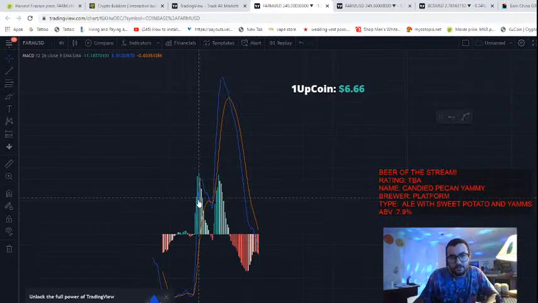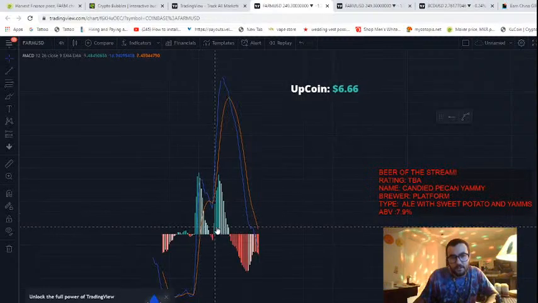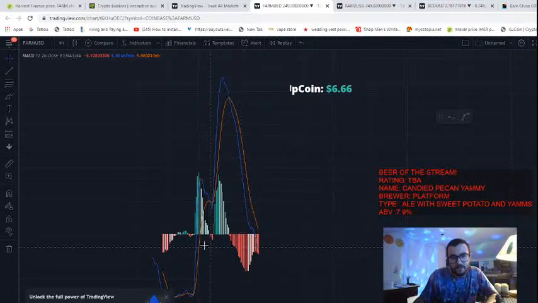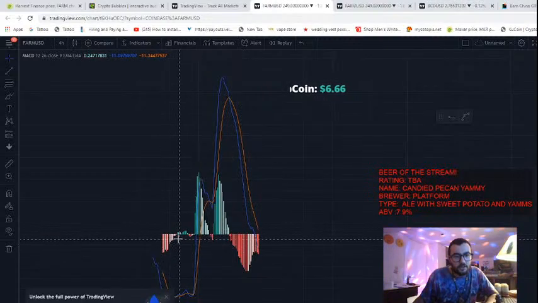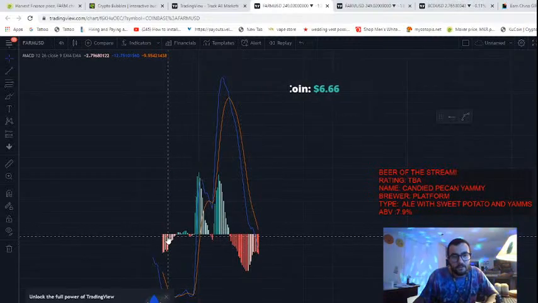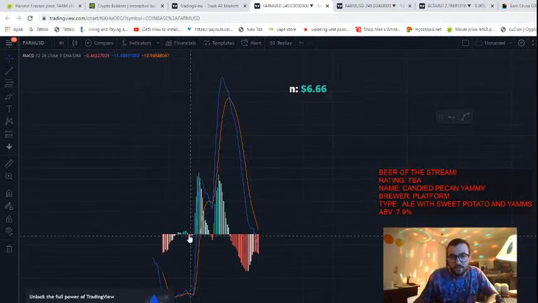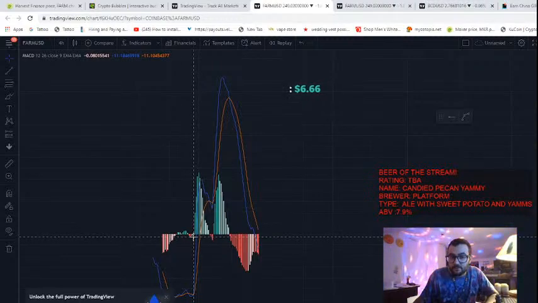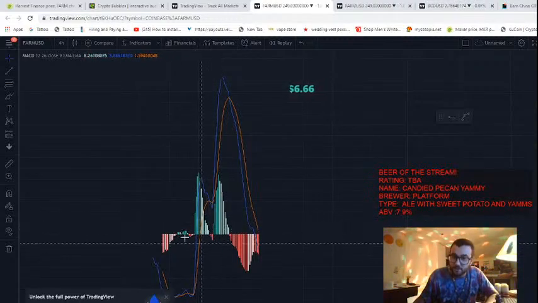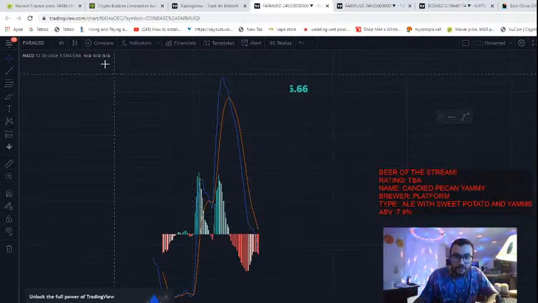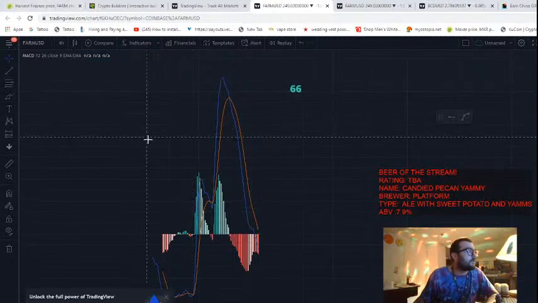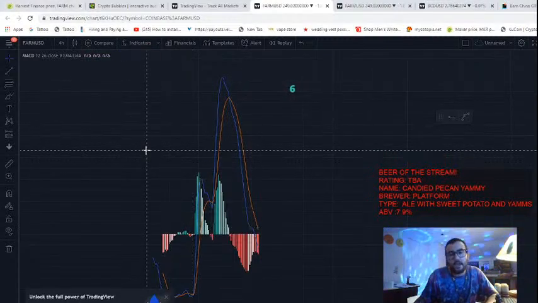The buyers, this green, and the sellers are the red. So we've had a couple rallies of extreme buyers and extreme sellers, but we've also had some small rallies of extreme buyers and extreme sellers. Very small right here.